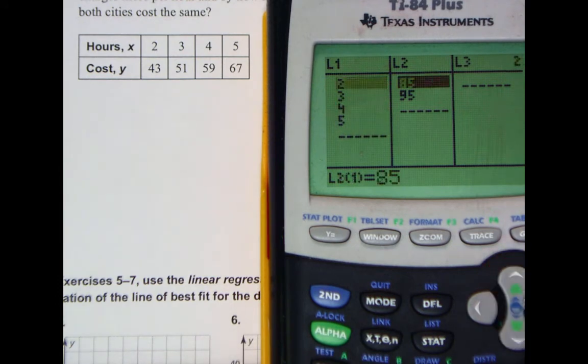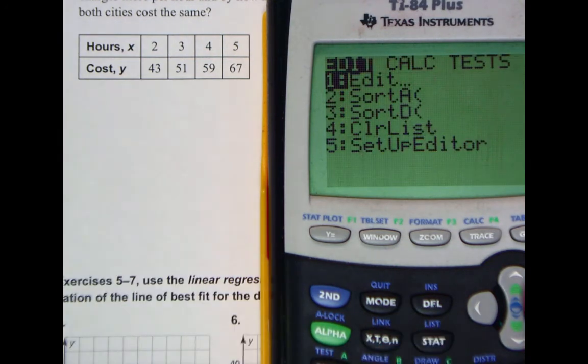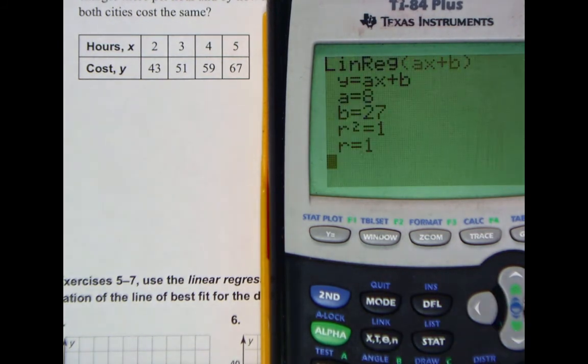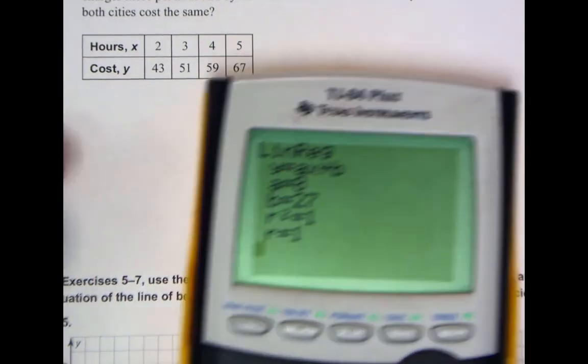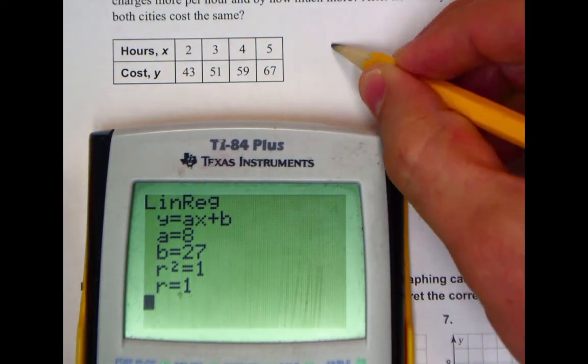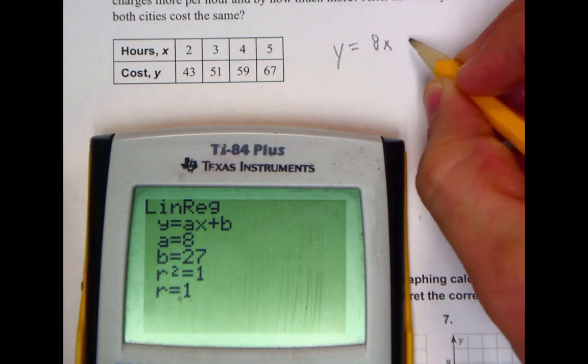And the y's that go with those are 43, 51, 59, and 67. Go to Stat and Calc and run linear regression, and there it is. So what this is telling me is that my equation is y equals 8x plus 27.